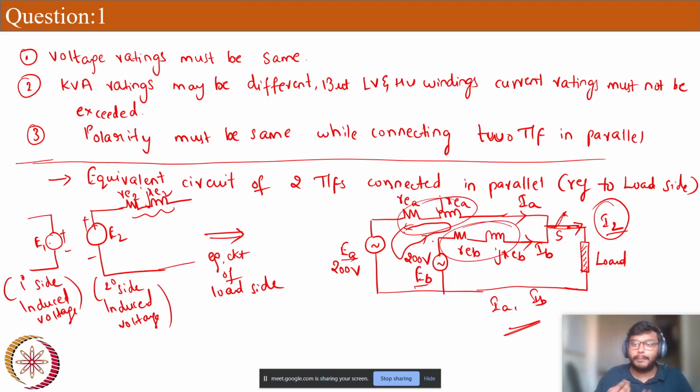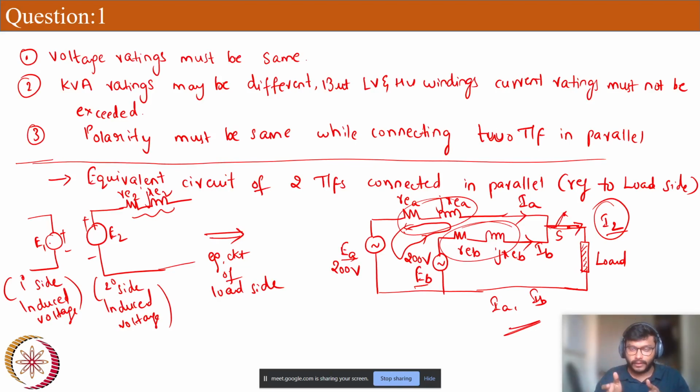With simple circuit analysis and network theory principles, a simple nodal analysis or mesh analysis, we can find the values of IA and IB. If we know the load voltage and load current I2, using simple nodal and mesh analysis, we can find IA and IB. That's a simple network theory application we can use.